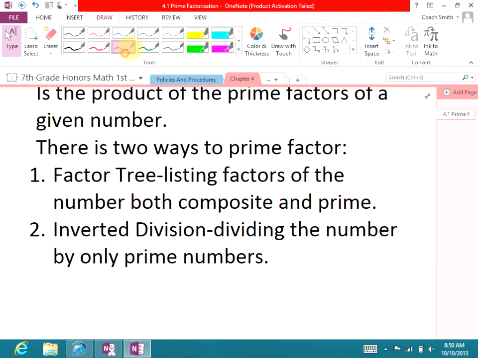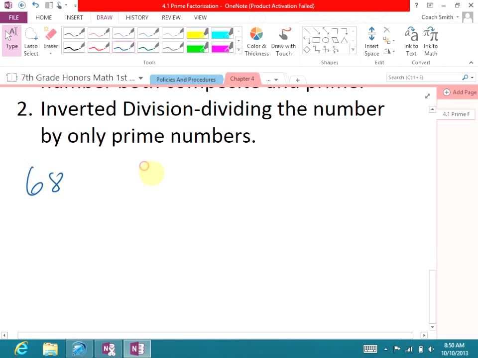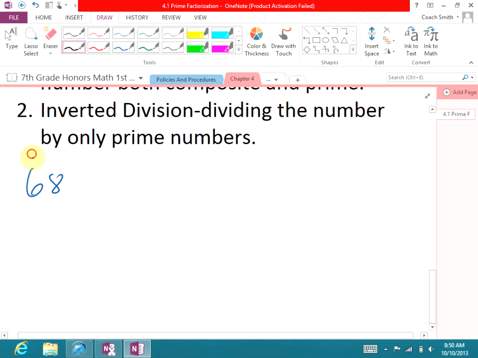For example, let's say I'm going to prime factor 68. So the factor tree would look like this. And once again, I don't care which one you use.